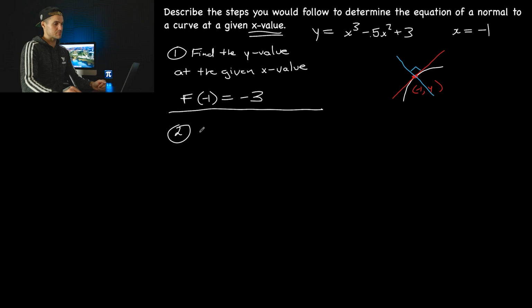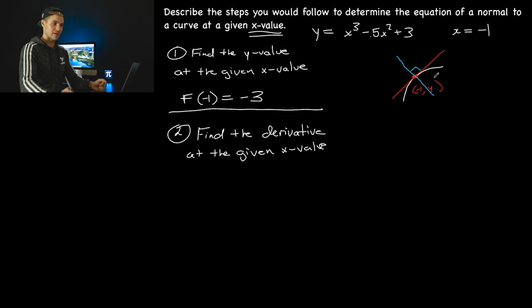So I would say step two is find the derivative, find the value of the derivative at the given x value, because the value of the derivative at that given x value is going to give us the slope. Let's color coordinate these. It's going to give us the slope right here.